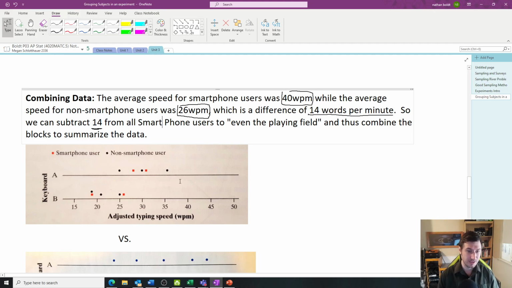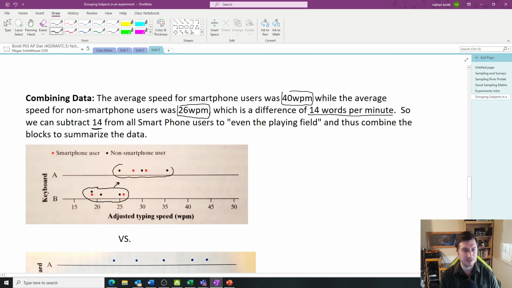So here is our combined data for blocking. Now the red points are mixed into the black points, but you can still see in general there is a marked increase from keyboard B to keyboard A. I would hope keyboard A was their new design. They never actually said which one was the new design.